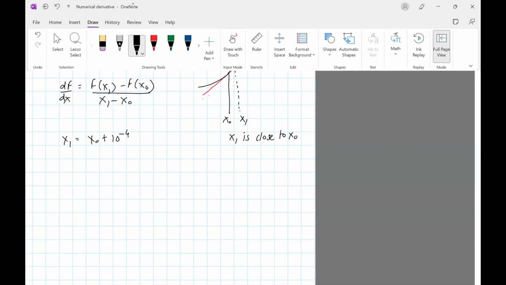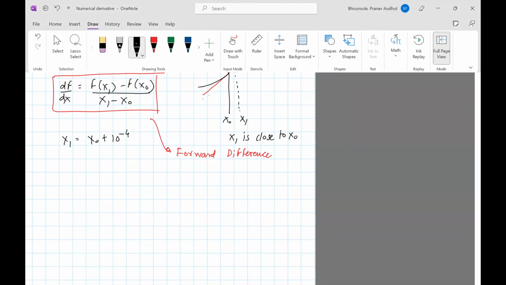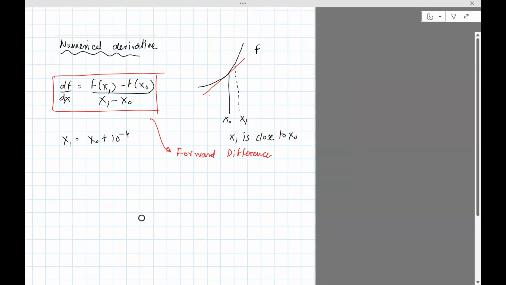Okay, this equation is also known as the forward difference. It's not that accurate, so people come up with better and better ways of estimating the derivative.